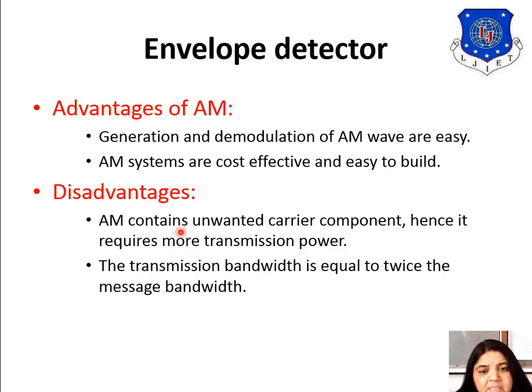Disadvantage: AM contains an unwanted carrier component, hence it requires more transmission power. We have studied in the equation that the frequency spectrum of the AM wave consists of one carrier signal and two sidebands. As you have seen, with more than one modulating signal, the number of sidebands also increases. So when you are transmitting the information using AM, you are transmitting all the components.